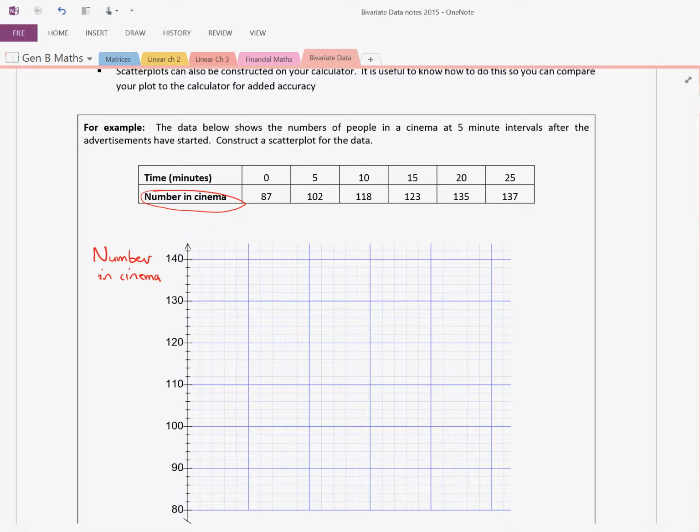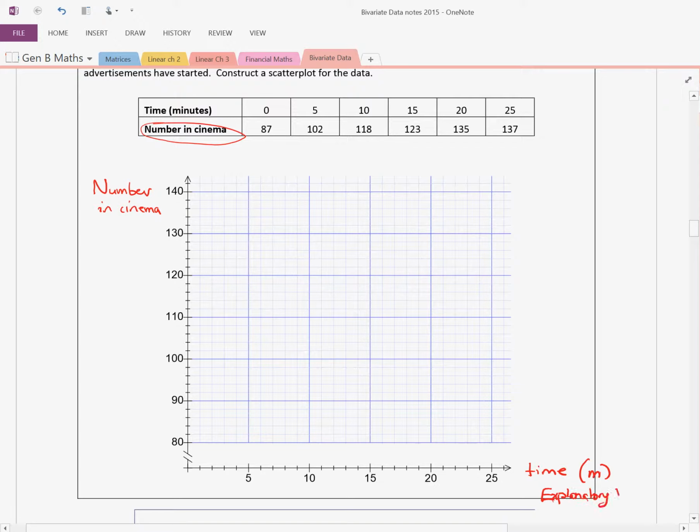Now, generally speaking, not always, time is our independent variable, or what do we know it as now? Explanatory variable. So time in minutes is our explanatory variable, and number in cinema is our response variable.